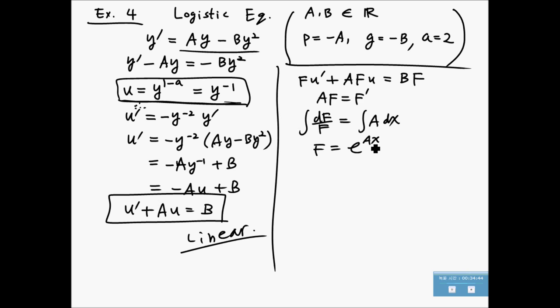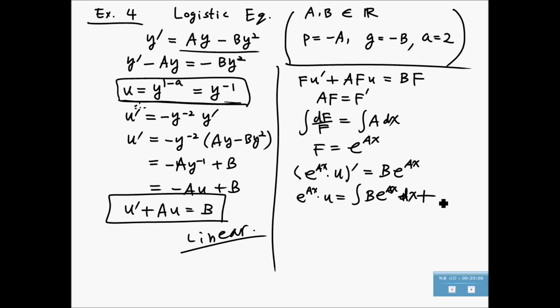And then the rest is simply e to the ax times u prime should be b times e to the ax. But then e to the ax times u is the integration of b e to the ax dx plus c.